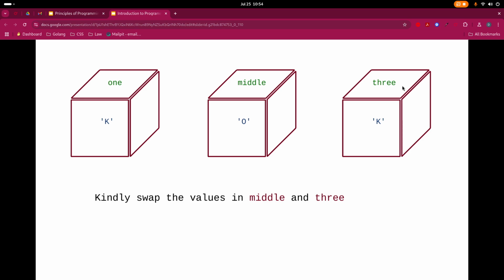Well, that's the name of this box. So I can easily swap them. Again, we don't really care about how it's done. We will look at that later on. But I want to emphasize the point that because I now have given the boxes names, it's easier for me to think about. So now it becomes KKO.